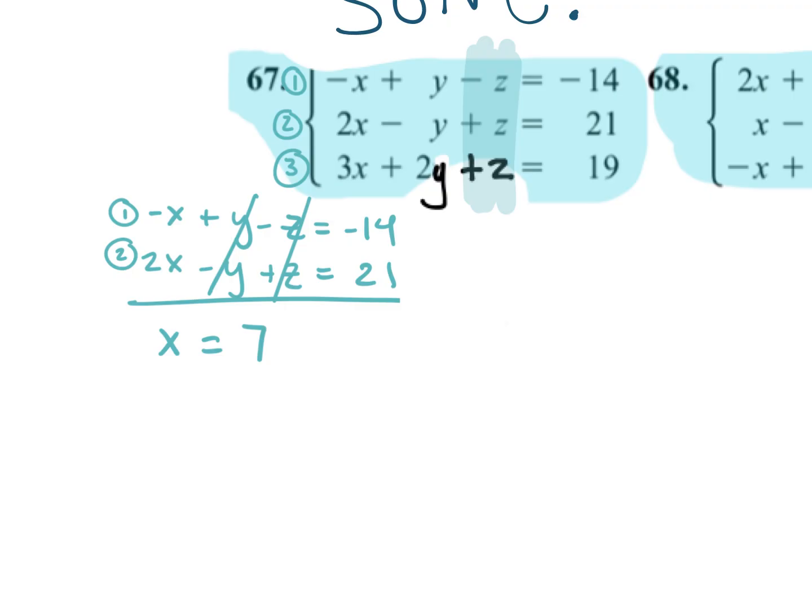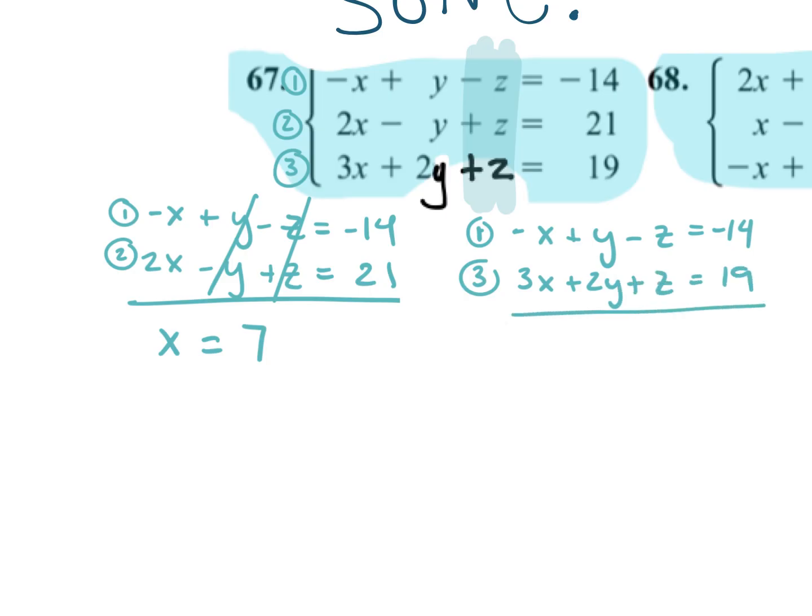So we combine the first and the second equation together. Which two equations do you want to combine together next? 1 and 3. Great choice because we see that the Z's will cancel out there as well. So we have negative X plus Y minus Z is equal to negative 14. And then 3X plus 2Y plus Z is equal to 19.